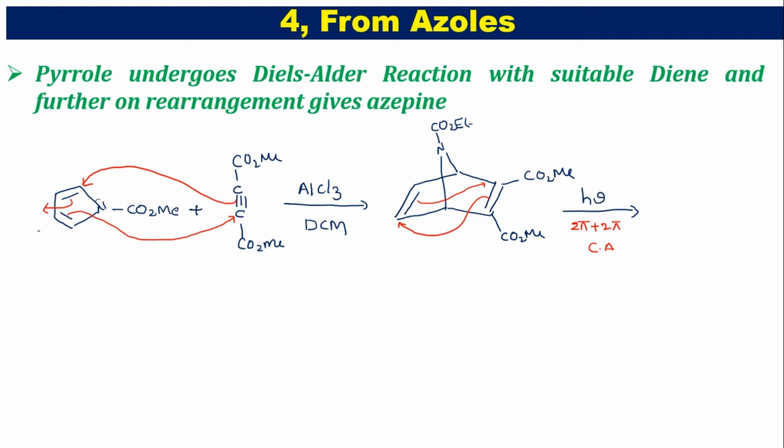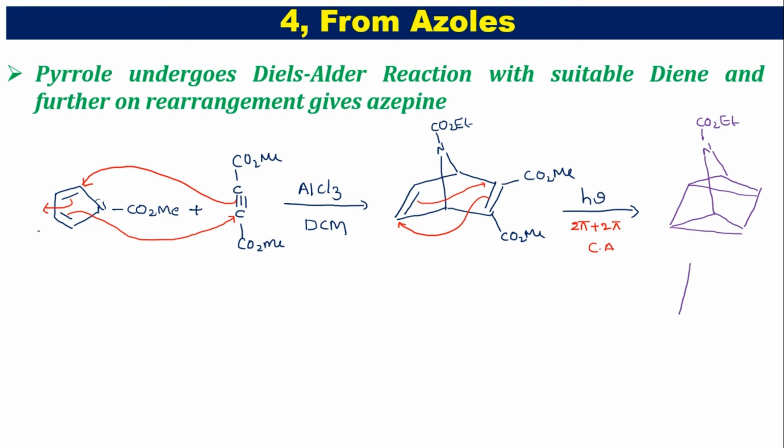This 2pi cycloaddition reaction is going to give a prismane type intermediate. Here we have CO2Me and we got the bond. Here also we got the bond. So this is the intermediate formed there.